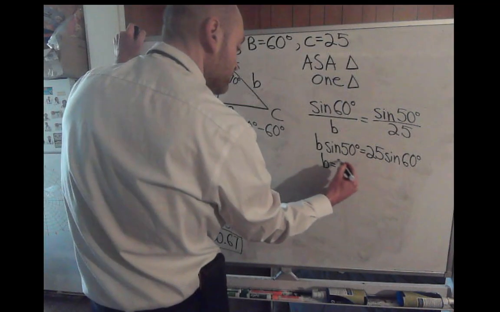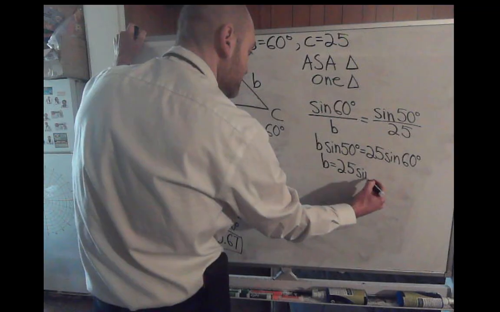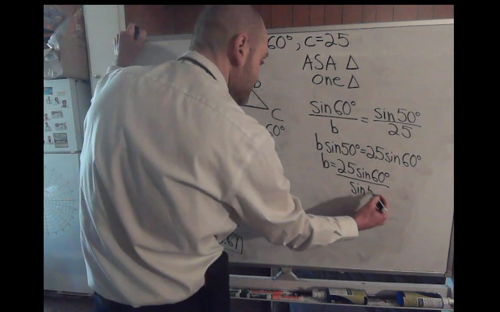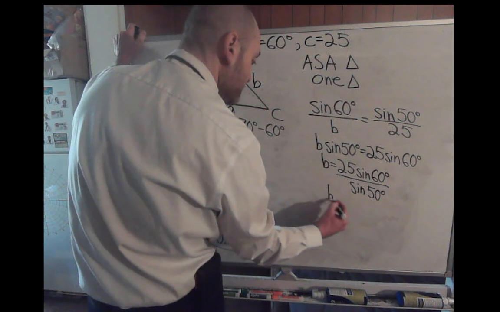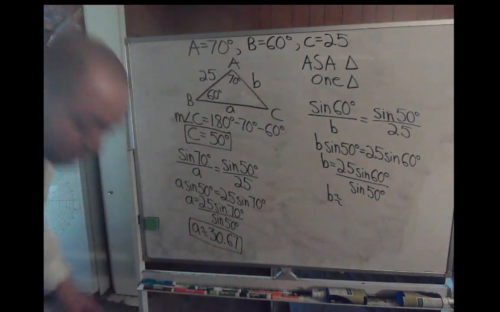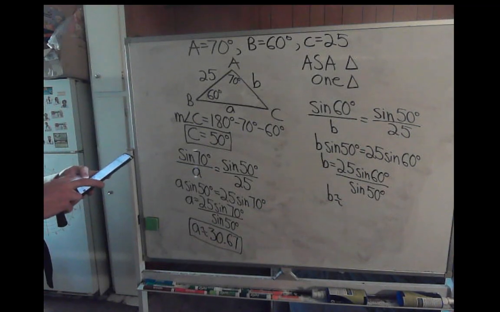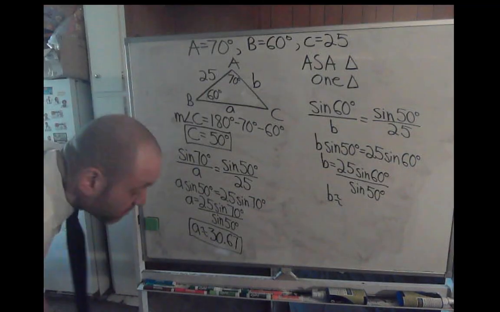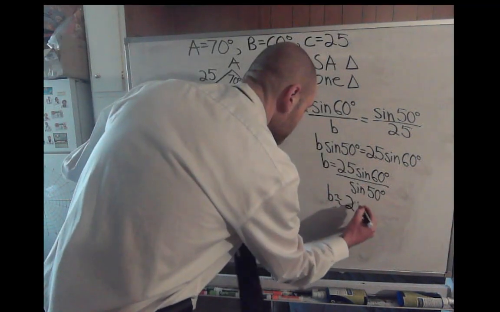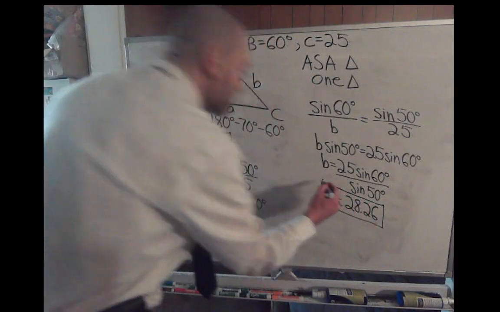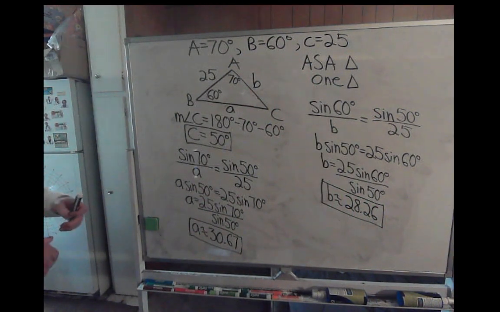So B would then equal 25 times the sine of 60 degrees all over your sine of 50 degrees, which now we can proceed to get a 2 decimal approximation for side B. That's about 28.26. So side B would have a length of about 28.26.